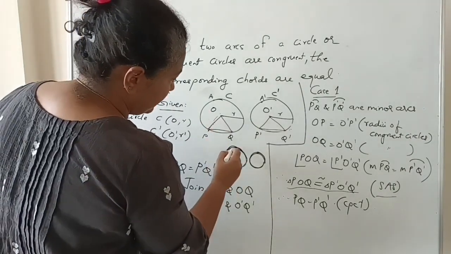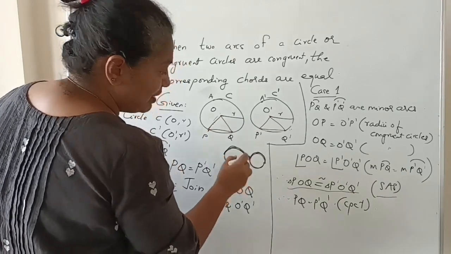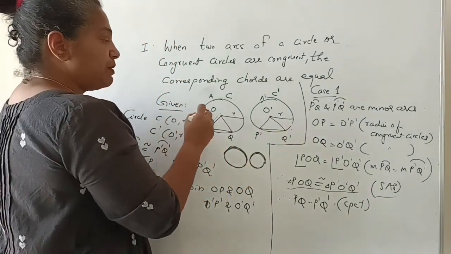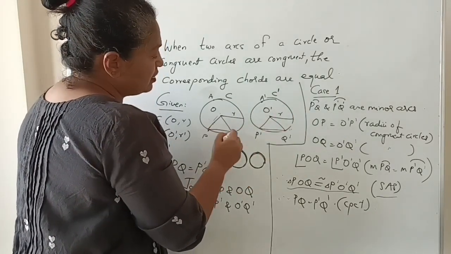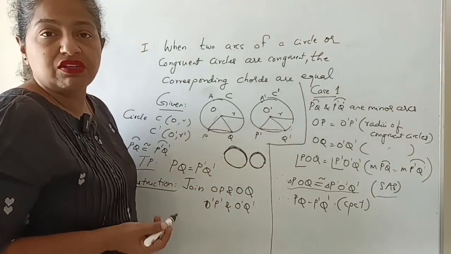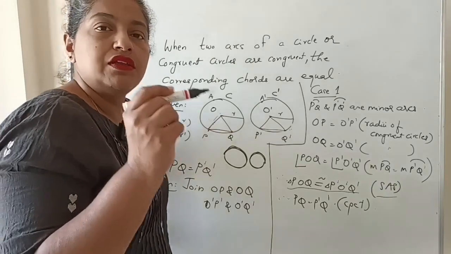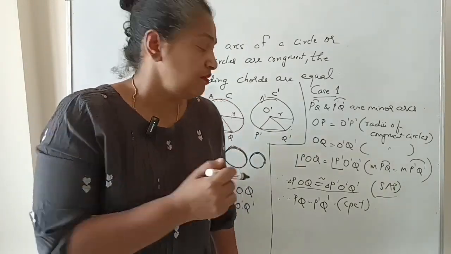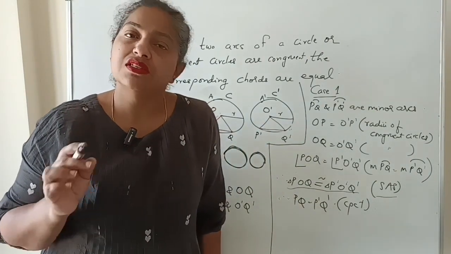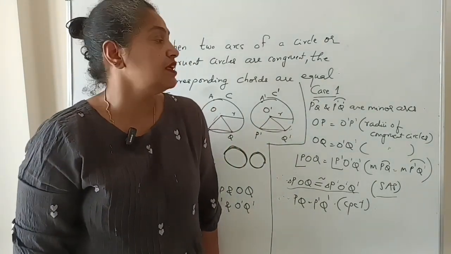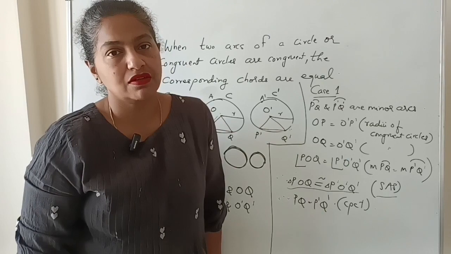So, if these lengths are equal, the remaining length also has to be equal. So, if the major arcs PAQ and P dash A dash Q dash are equal, the minor arcs PQ and P dash Q dash have to be equal. Now, we have already proved that when PQ and P dash Q dash are equal, the chords become equal. So, we have proved the case when this is a major arc.